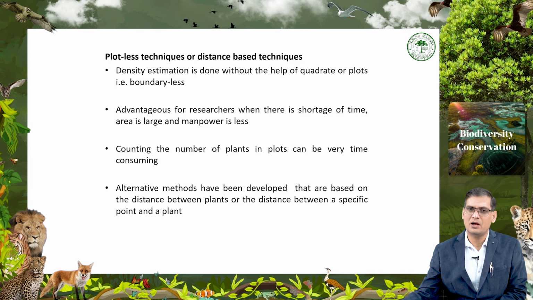Counting the number of plants in a plot can be very time consuming. Therefore, alternative methods have been developed that are based on the distance between plants or the distance between a specific point and a plant.